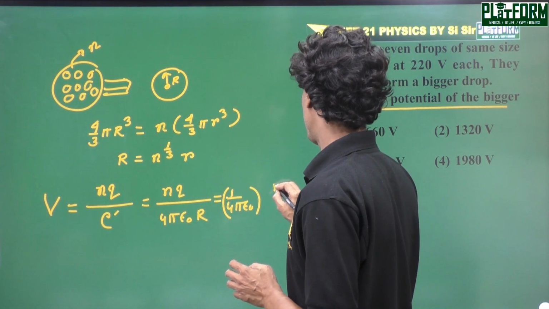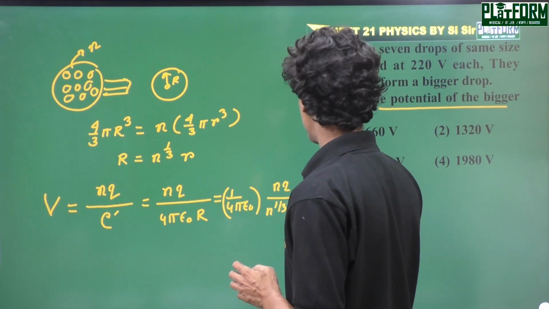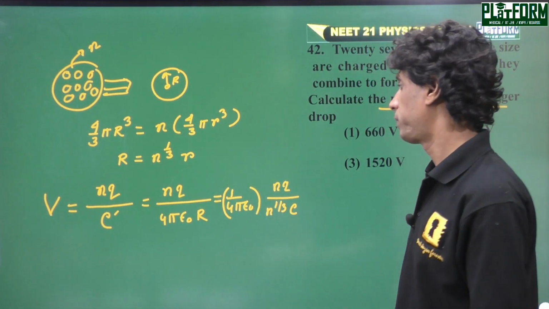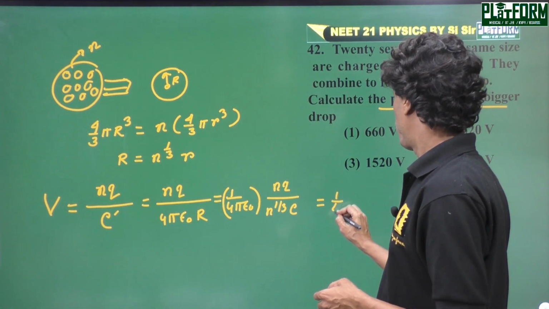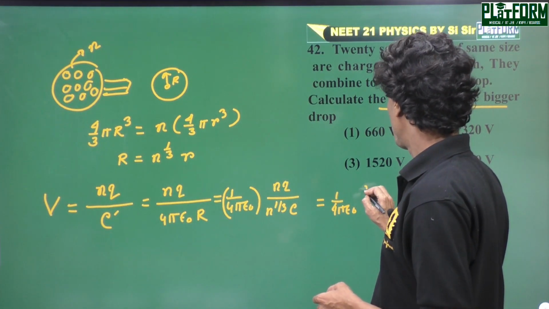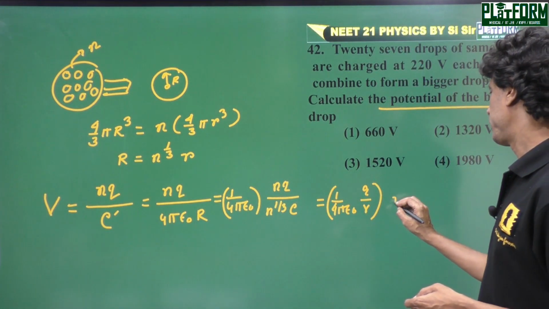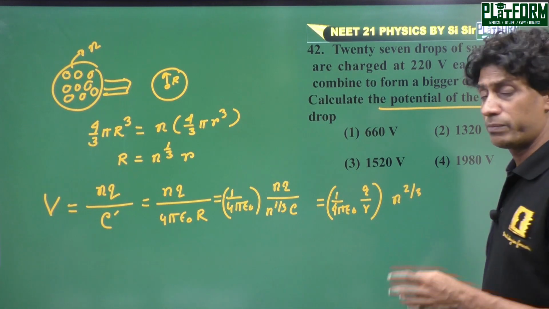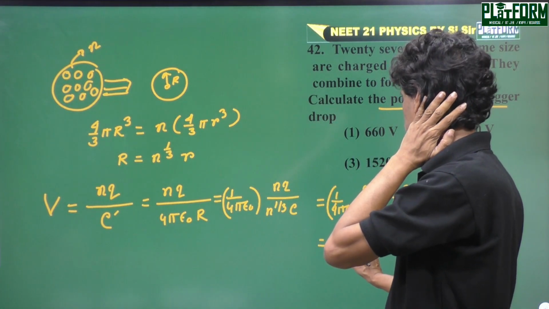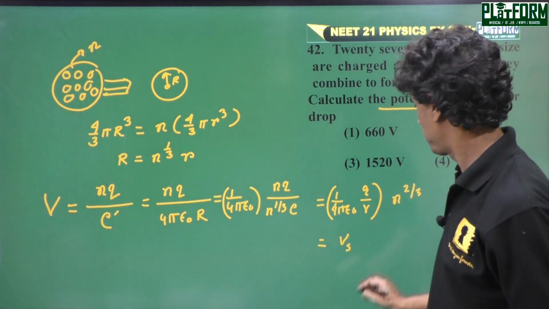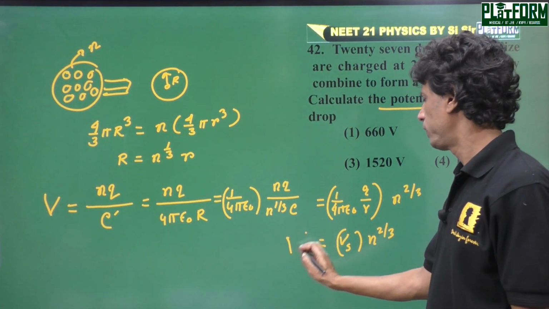We can say nq, n to the power 1/3 into C, where C is the capacitance of the small drop, and 1 by 4 pi epsilon 0 q by r is the potential of the small drop. It is n to the power 2/3 multiplied by the potential of the small drop, let us say Vs into n to the power 2/3. So this is the potential of the big drop.